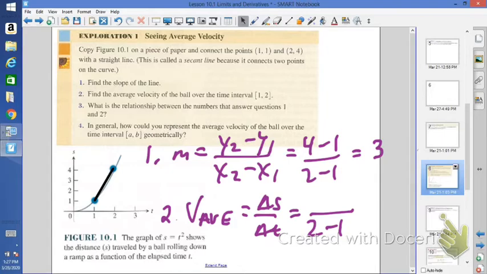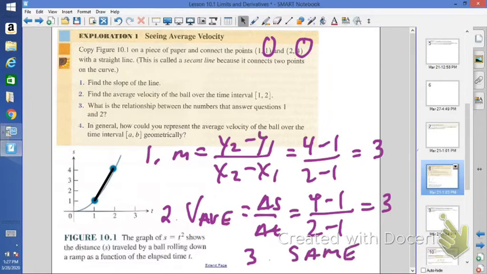Our change in s, so at 2 seconds, what's the distance traveled? That's 4, minus, at 1 second, the distance traveled is 1. So we're going to get 3 again. So in part 3, what's the relationship between the numbers that answer 1 and 2? They're the same.